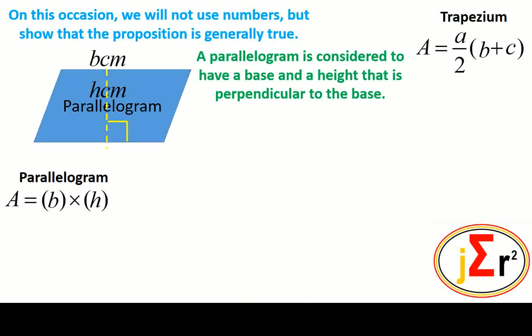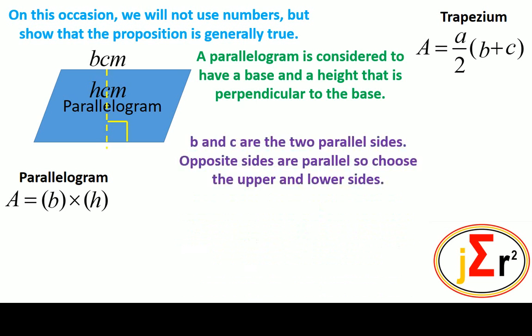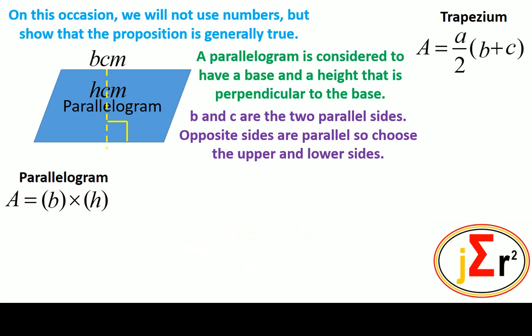A parallelogram is considered to have a base and a height that is perpendicular to the base. B and C are the two parallel sides of the trapezium. Opposite sides are parallel, so we may choose any of the two pairs of opposite parallel sides, but we are choosing the lower and the upper side on this occasion.